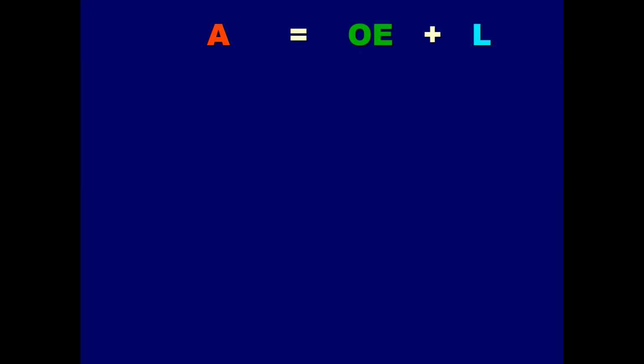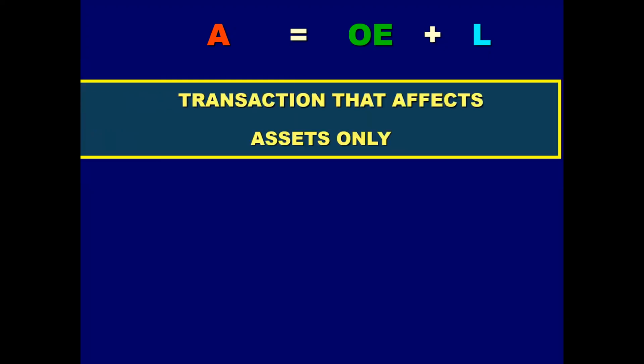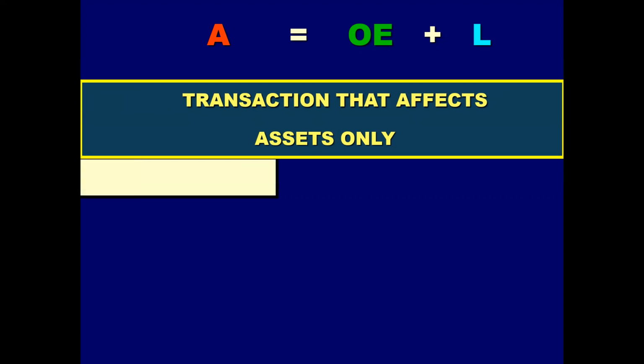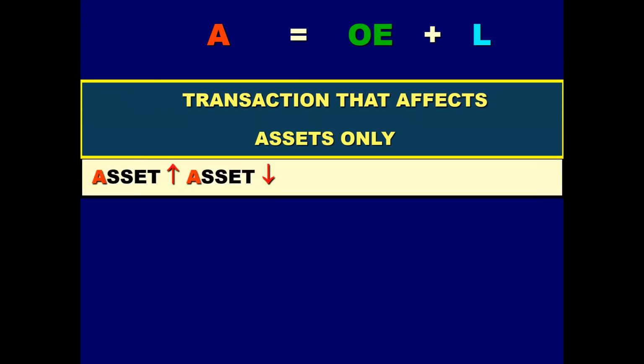You will see the example. Transaction that affects asset only: one asset increase and another asset decrease.